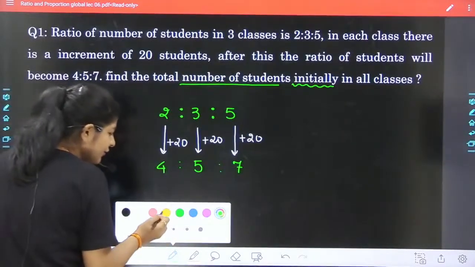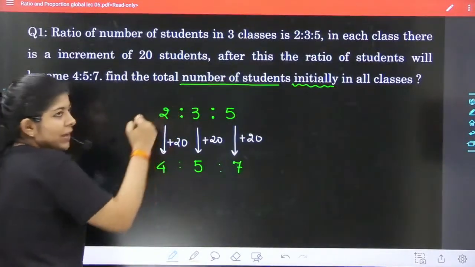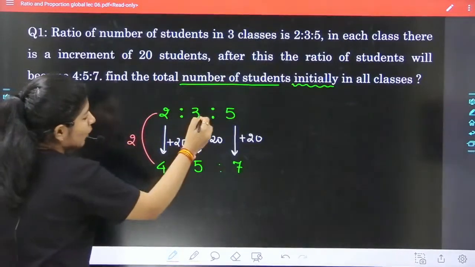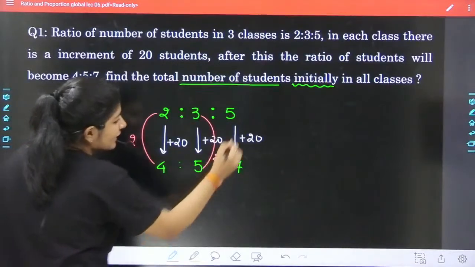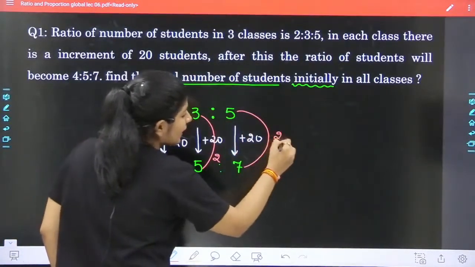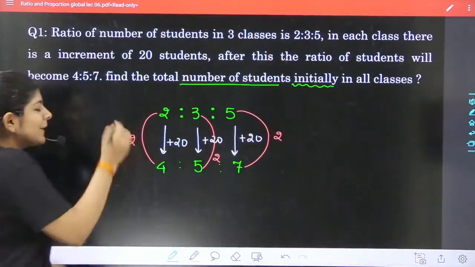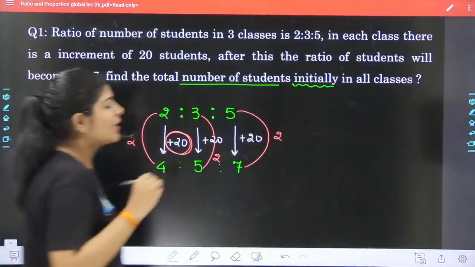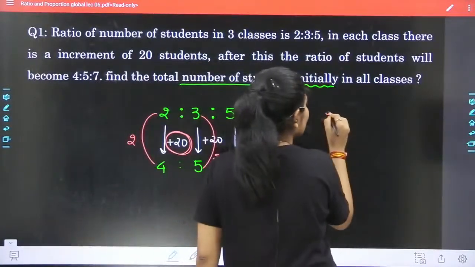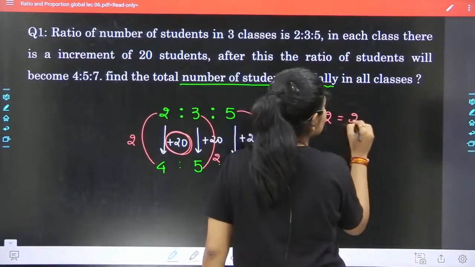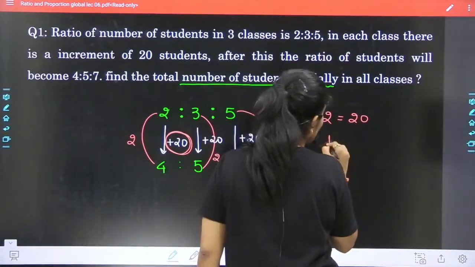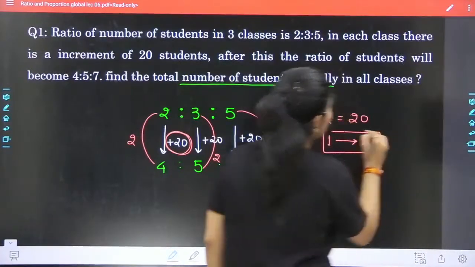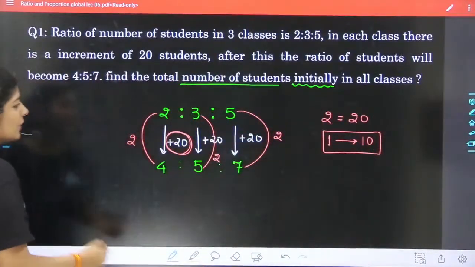If I check the difference between the initial ratio and the final ratio, I find there is a gap of 2. This 2 will come because of the addition of these 20 students in each class. That means I can say that the value of 2 over here is equal to 20. That means the value of 1 over here is equal to 10.